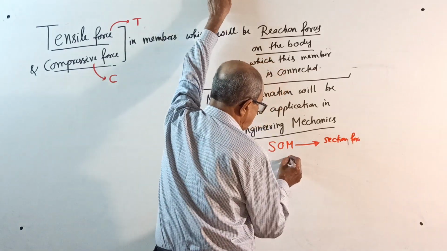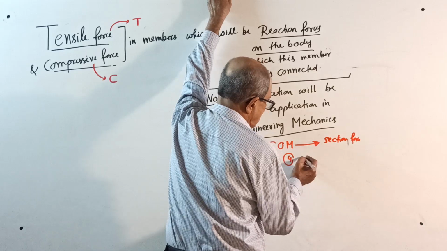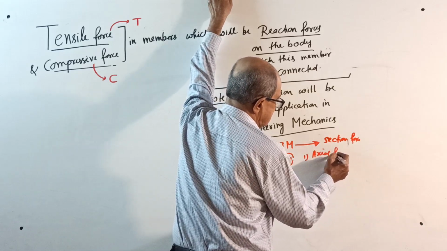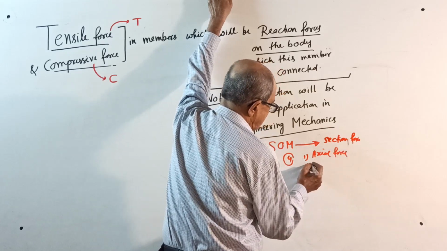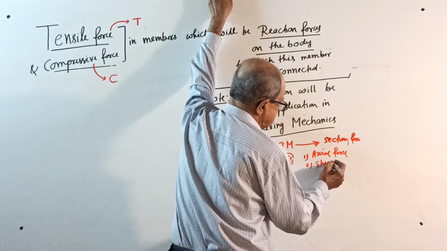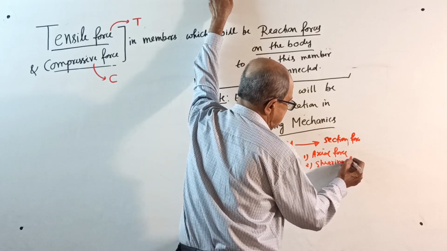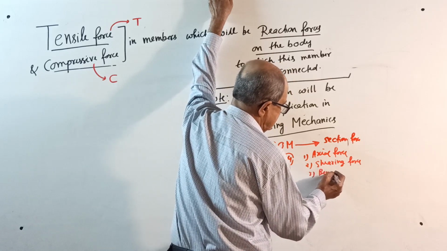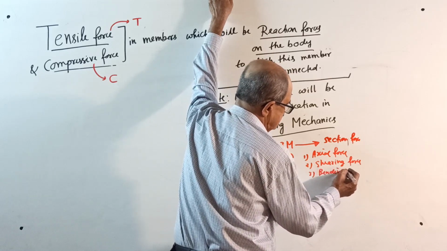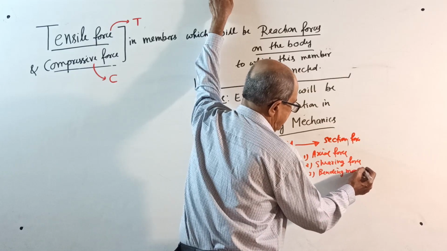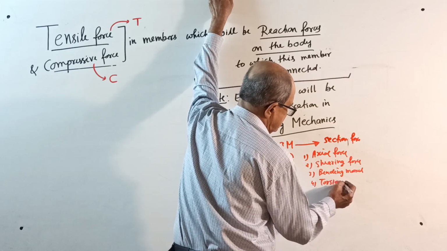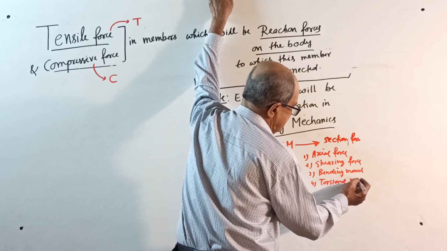There are a total of 4 section forces. First one is axial force. Second one is shearing force. Third one is bending moment. Fourth one is torsional or twisting moment.